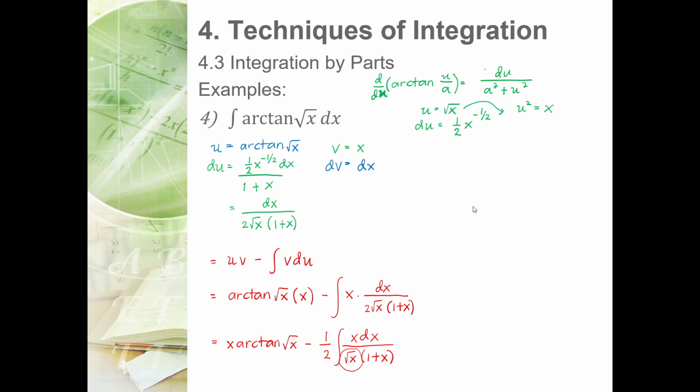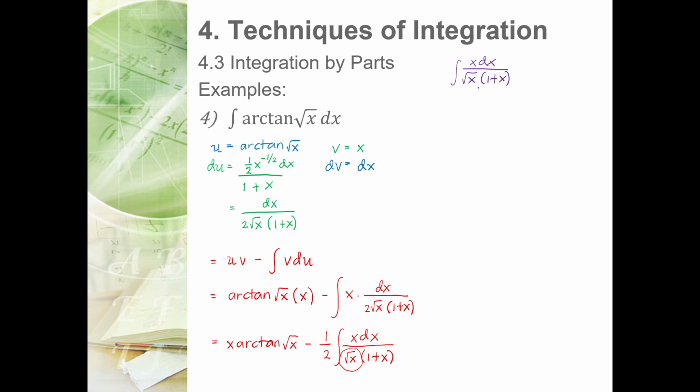Okay, I'm going to erase this first so that we can have enough space. Let's isolate first the integral of x dx all over square root of x times 1 plus x.